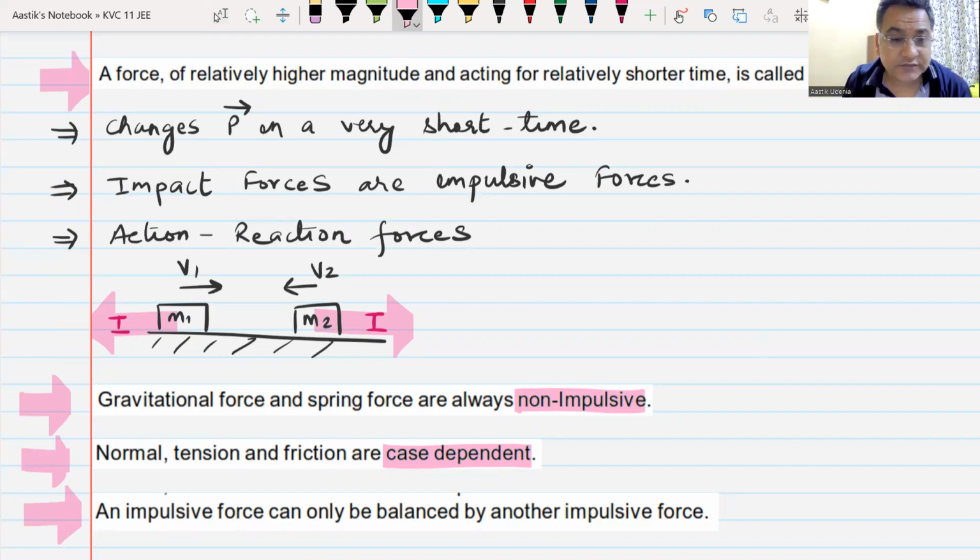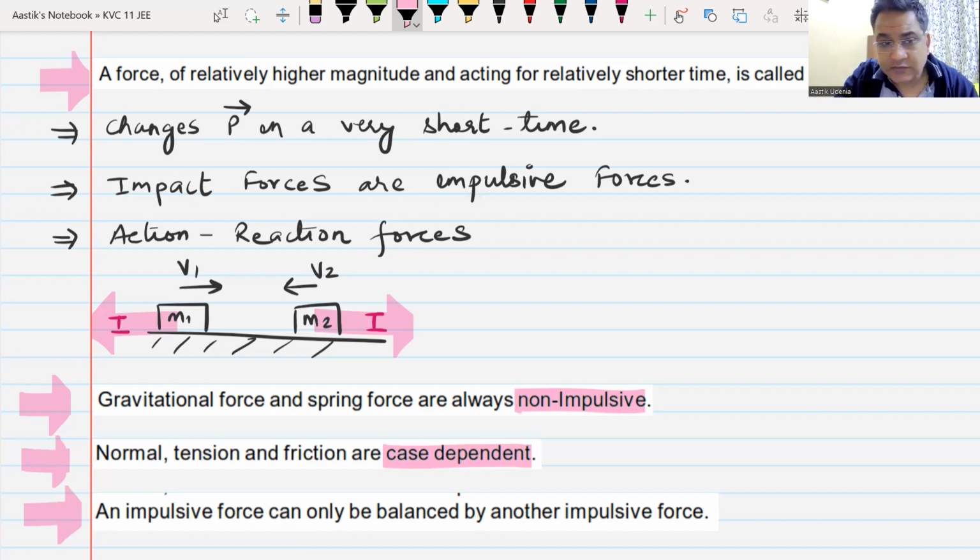Normal forces like gravity and spring force, which are not impulsive, cannot balance these impulsive forces. So that is what you must remember. That is what you have to understand about these impulsive forces.